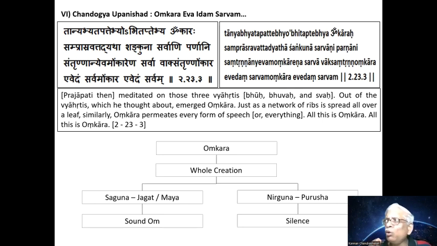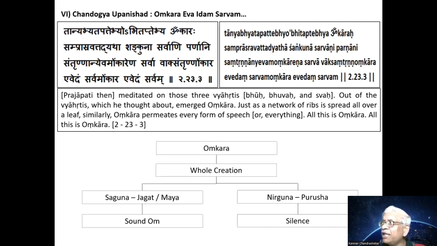Omkara is the whole creation. Creation consists of Saguna and Nirguna portions. Saguna means with gunas. Just now we saw the 16th verse of Panchadasi chapter 1, how creation is being explained. Saguna and Nirguna. Saguna means what?